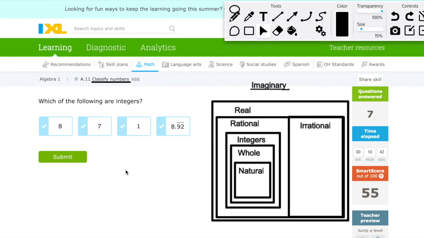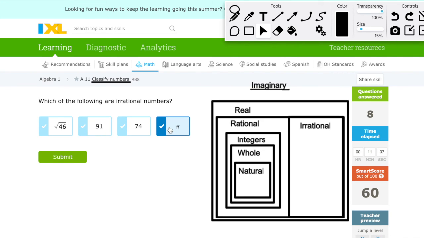Awesome. Which of the following are integers? We just got done saying that integers do not include decimals. So it's not this one. That's the one that stands out. 1, 7, 8, those are all fine. We'll go till we get about the score of an 80. That's what I would typically ask for in class. So the following are irrational numbers.